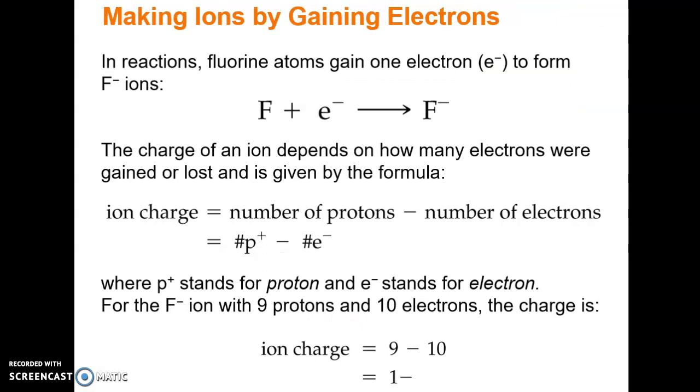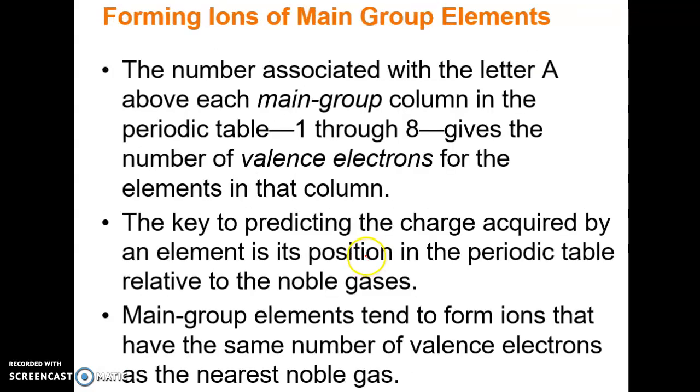All right. Now, the atoms are going to lose or gain electrons to be more like the noble gases. The number associated with the A, so if you remember the alkali metals were group 1A, the alkaline earth metals were group 2A, and so on, they correspond 1 through 8.